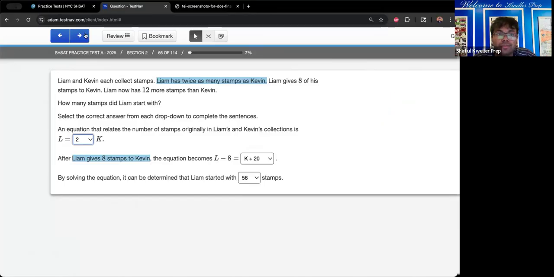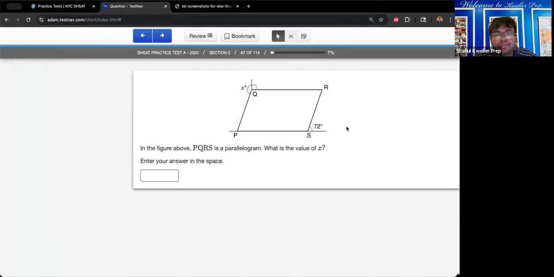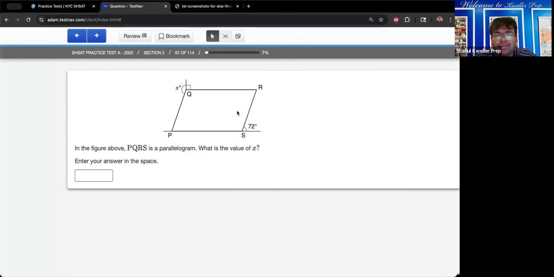Okay, let's go to the next one. What's the value of x? So this is 72. We use the fact that a line is 180 degrees. So 180 minus 72 is 108. If this angle is 108, so is the one across from it.